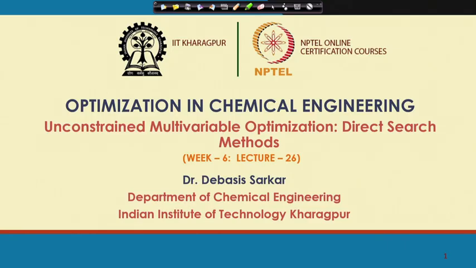Welcome to lecture 26. This is the first lecture of week 6. In this week, we will talk about unconstrained optimization of multivariable functions. In our previous week, we talked about unconstrained optimization of single variable optimization problems.